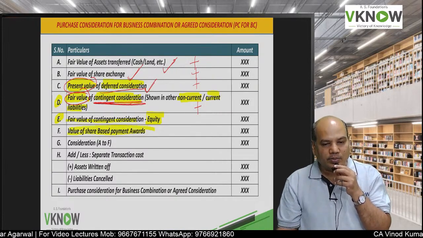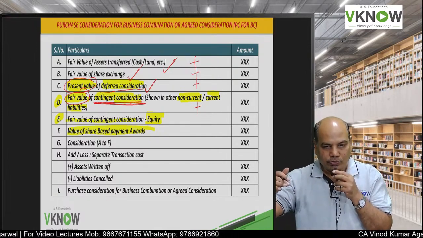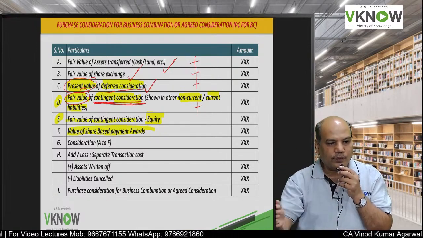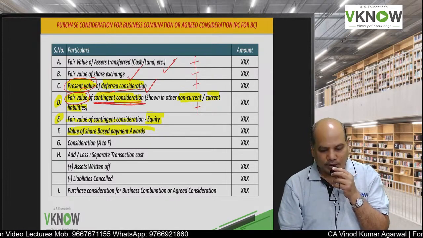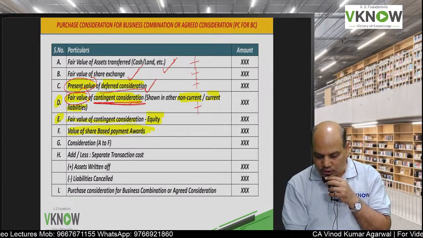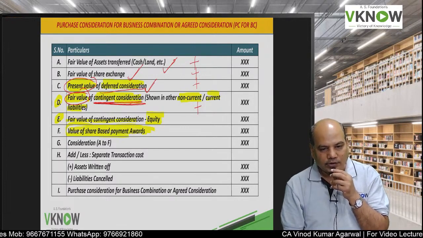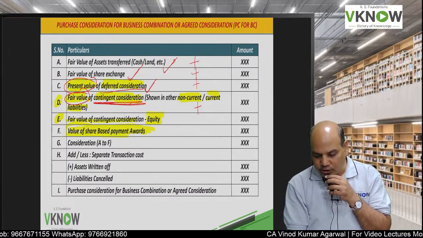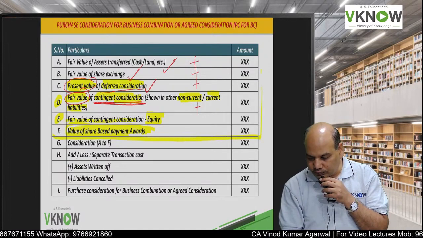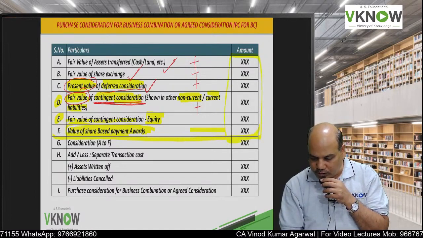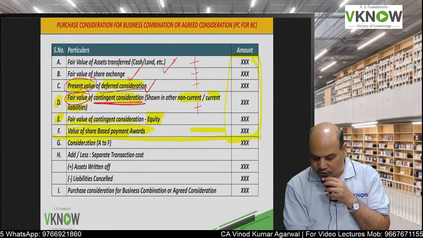The acquirer company may agree to issue shares to the employees of the acquiree company. So this I am going to discuss after some minutes, how to do the calculation of this, highly tested in your exam. So then we'll take a total of points A, B, C, D, E, F, that is consideration.